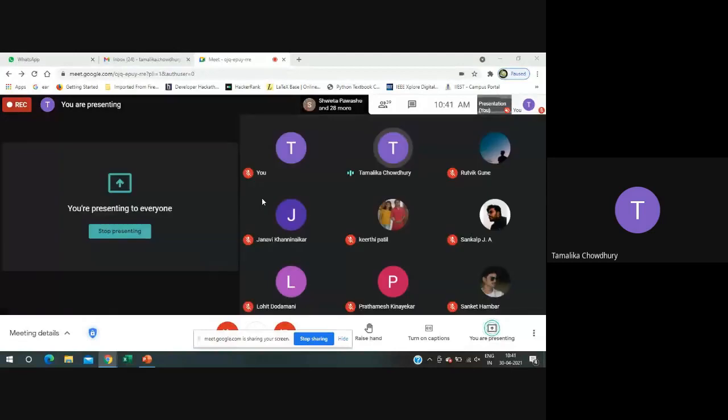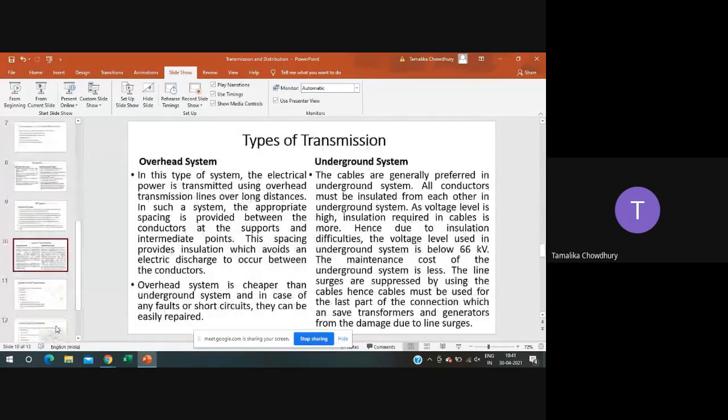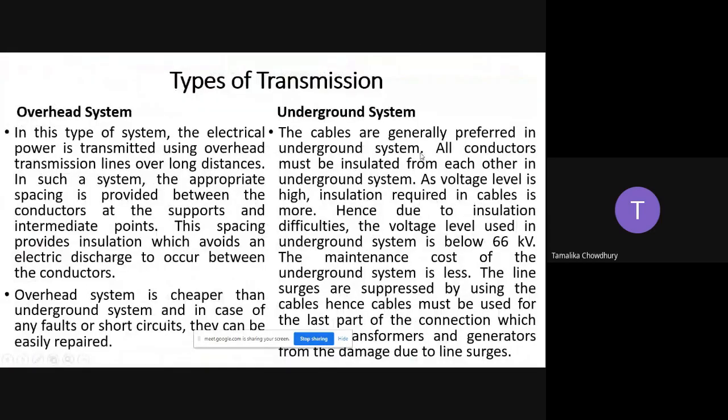Yeah, now it will be visible, I hope, because I made it full screen. Now it is full screen.